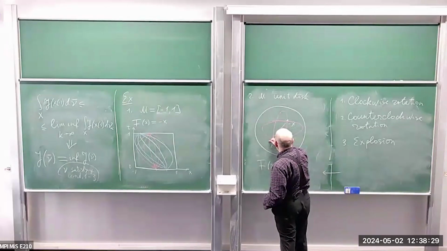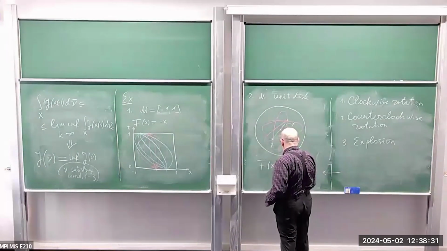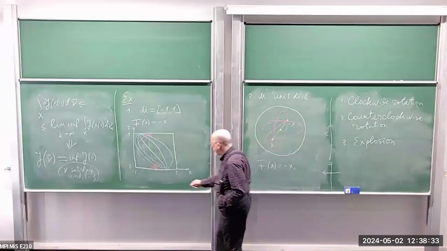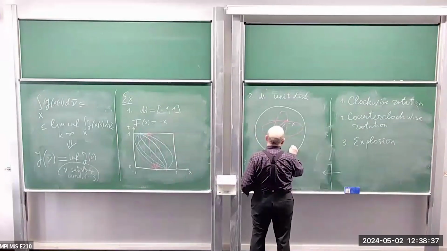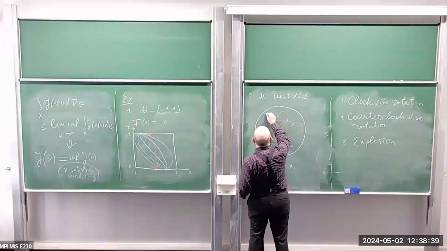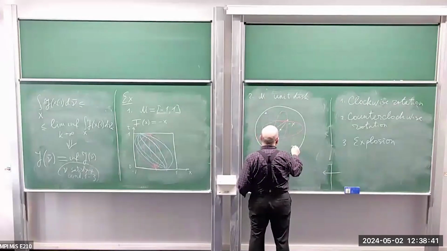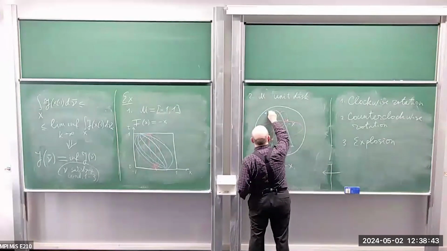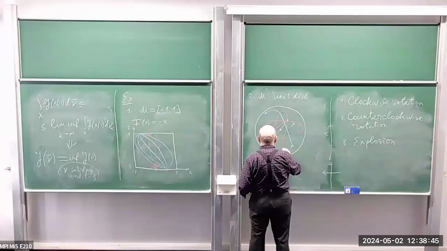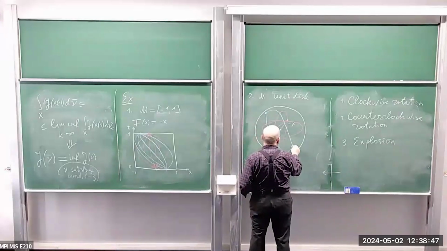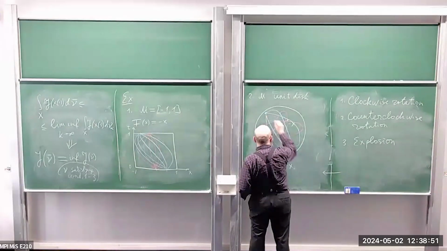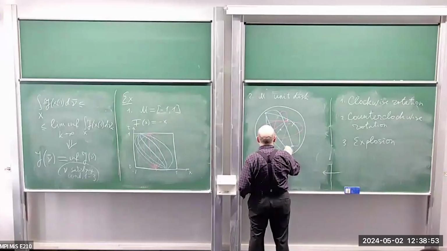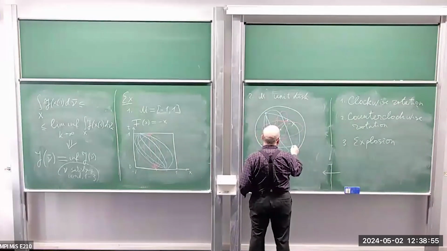And so on. So it is one point. If you take, say, another pair of points, this and this, then you have a similar picture. And so on.